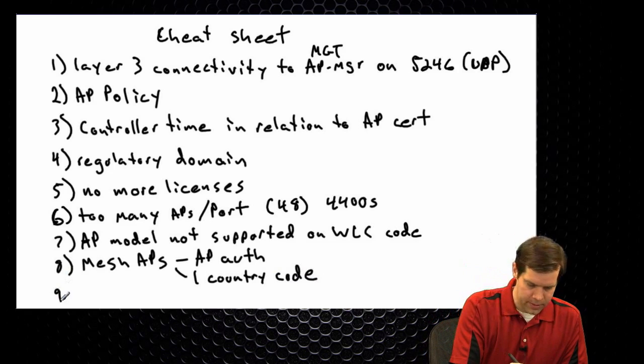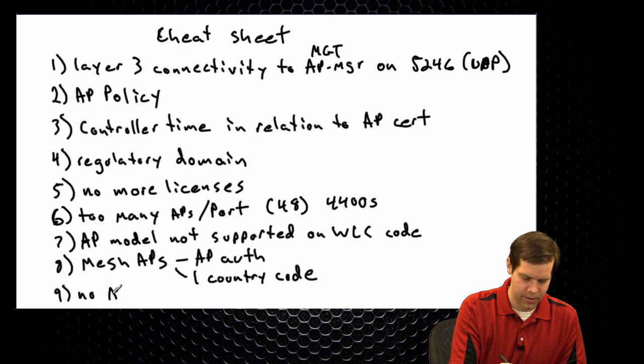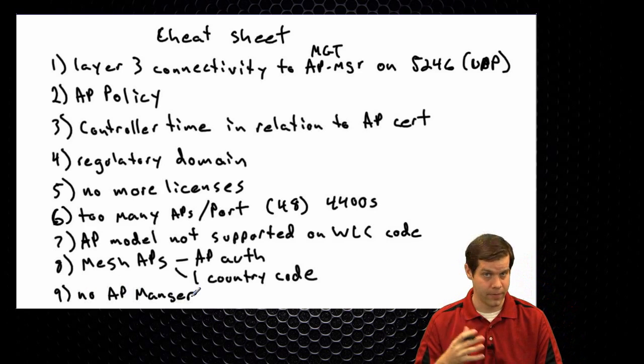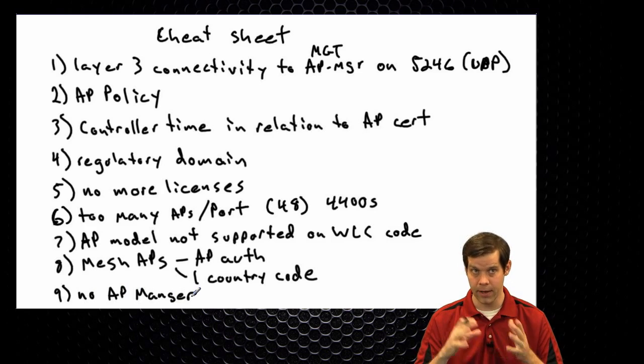And last one, and this is a really ridiculous corner case: you have no AP manager. This could only ever happen on a 2500 or 5500, one of those current selling controllers where the management interface can also be the AP manager.